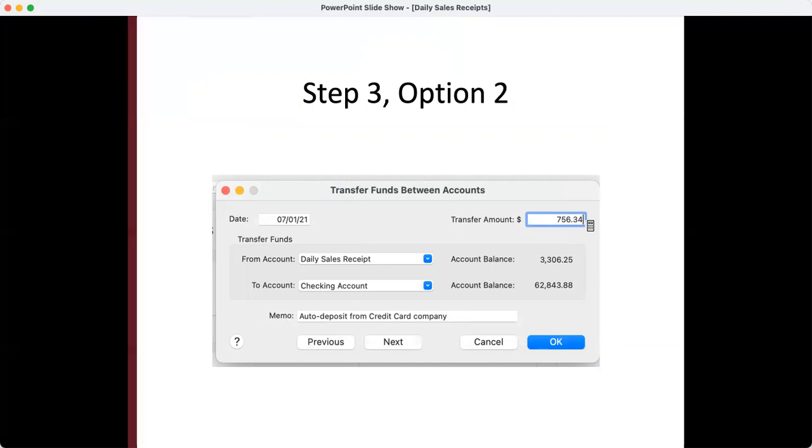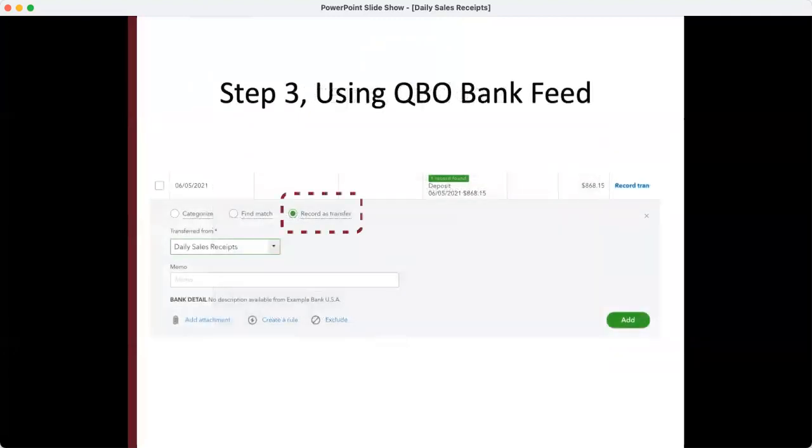If you're using QuickBooks Online and you're seeing these transactions come in through your bank feed, instead of categorizing it as, let's say, farm stand sales, you can click on the button that says record as transfer, and it's being transferred from daily sales receipts and it's going into your bank account.